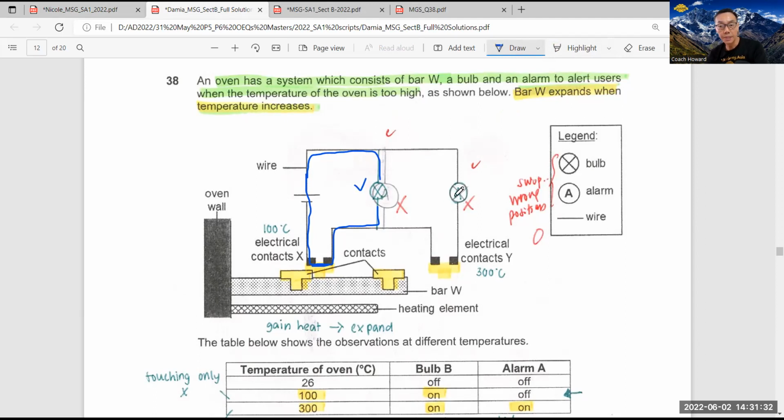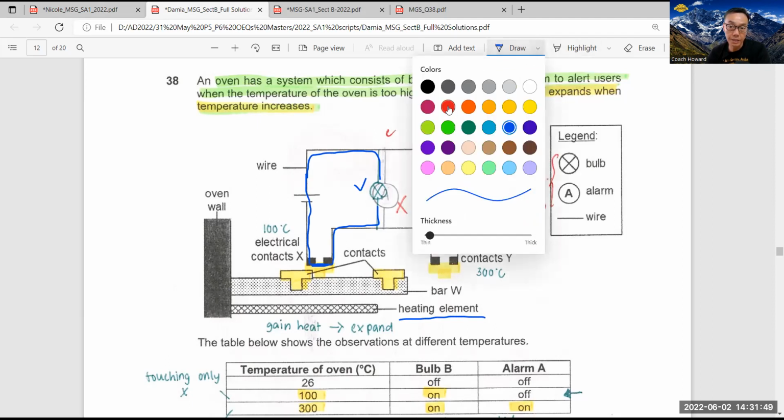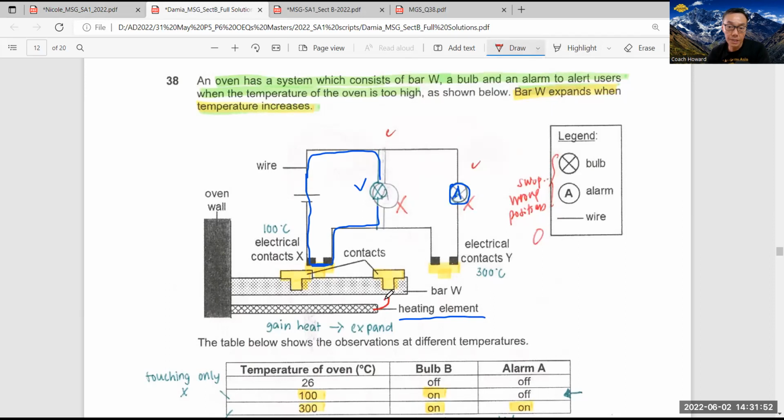Okay, and the alarm A should be put here. The reason is because at a higher temperature that is being elicited by the heating element, let me change to red color, the heat from the heating element will cause bar W to expand.